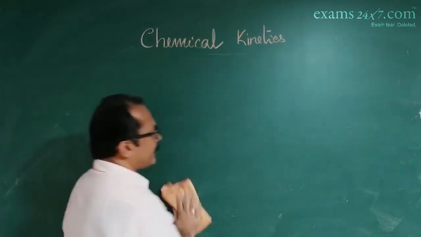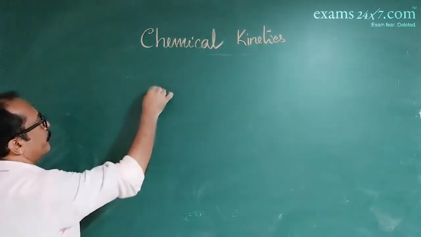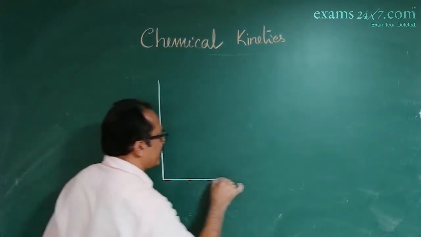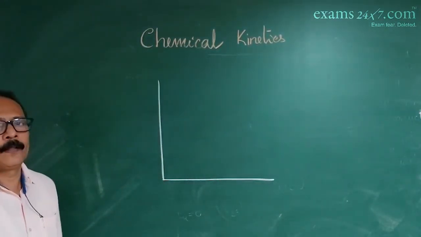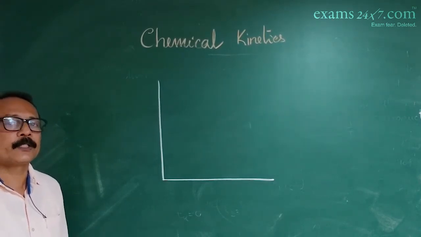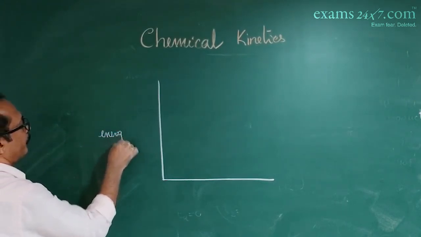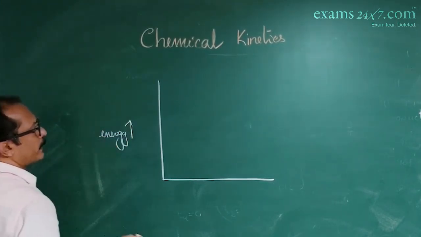When positive catalyst is used in the reaction, rate of reaction increases. And how does rate of reaction increase? It provides an alternate path by decreasing energy of activation. Energy versus progress of the reaction.